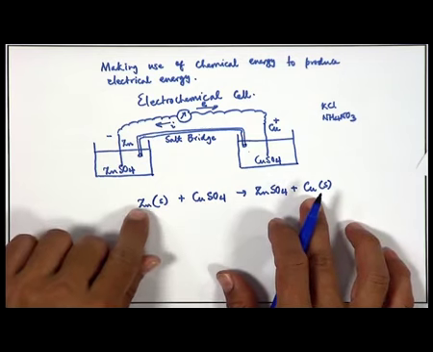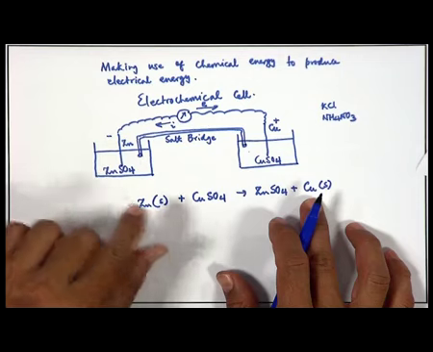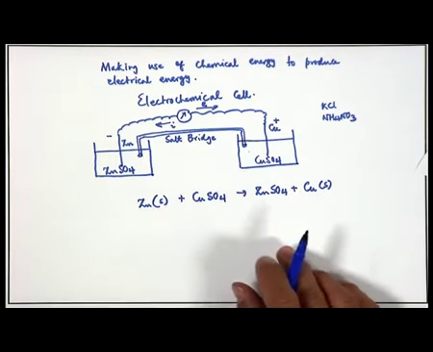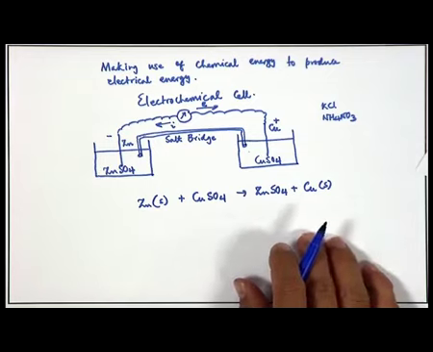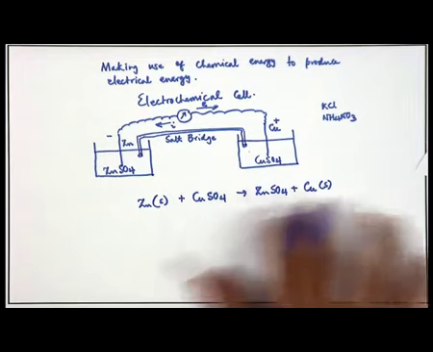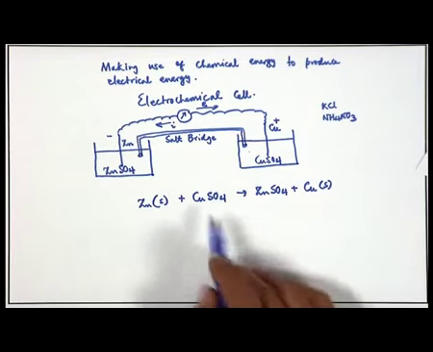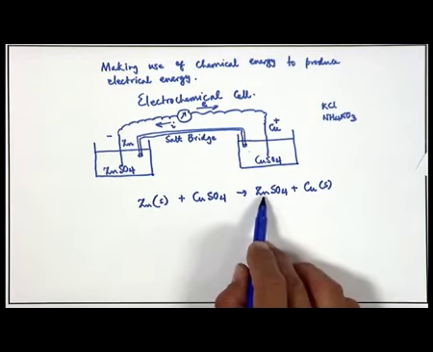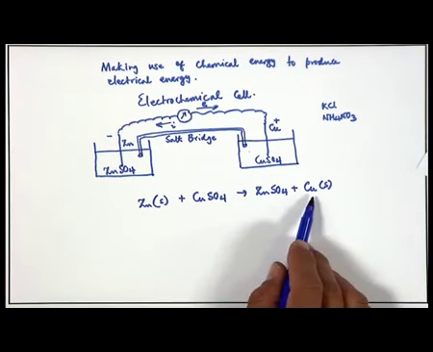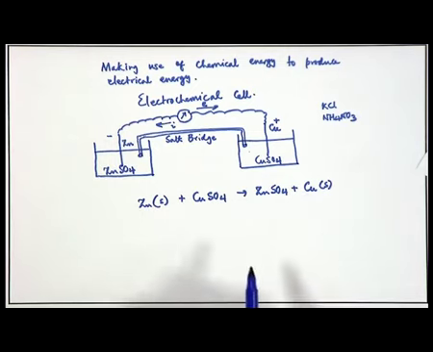Okay. So, basically what can you do in a regular laboratory experiment? You take some copper sulphate solution and sprinkle some zinc dust. Then you will see a change where the copper sulphate will be replaced by zinc sulphate, and reddish copper solid will be produced.